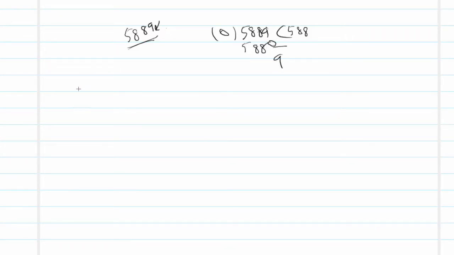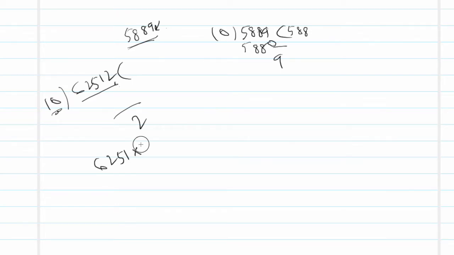For any number, like 62512, the last digit is precisely the remainder you get when divided by 10. So 62512 is actually 6251 times 10 plus 2.